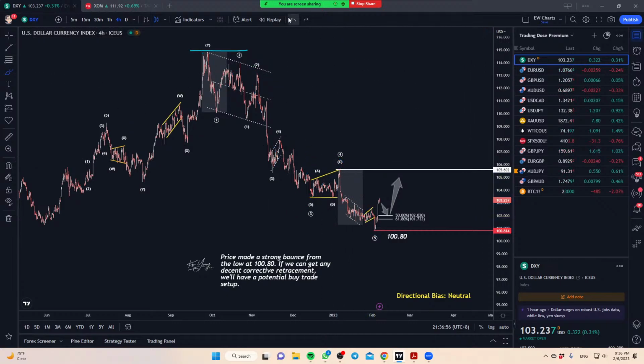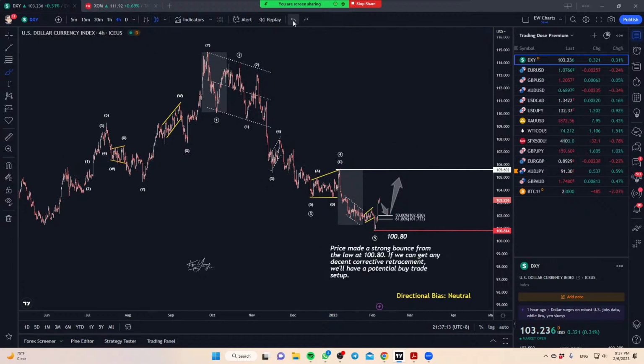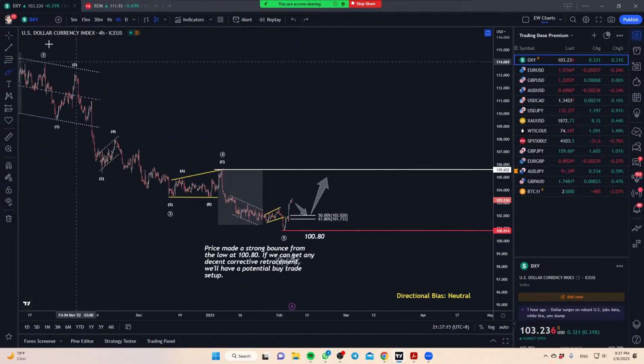So overall, if that's going to be the count, we can expect a bigger 3-wave correction, and most of the time it might come back to retest the end of wave 4. That is going to put us around 105.60. So that will be my view for now.